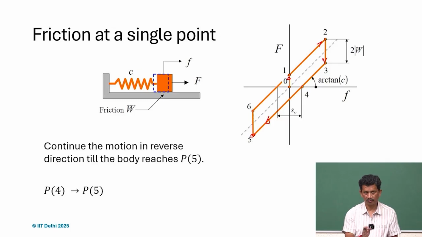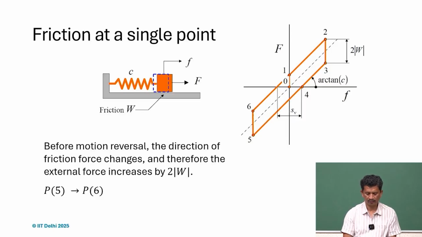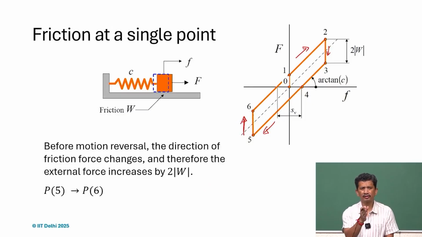So we want to reverse, and the same thing will happen from point 5 to 6, because there will be readjustment. So the orientation or the direction of the friction force changes, because now the motion is getting reversed.